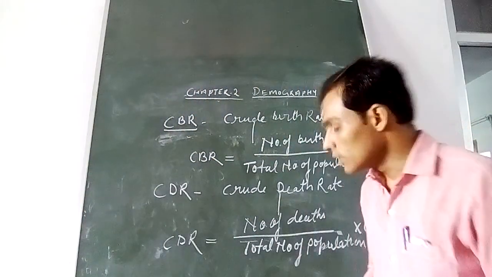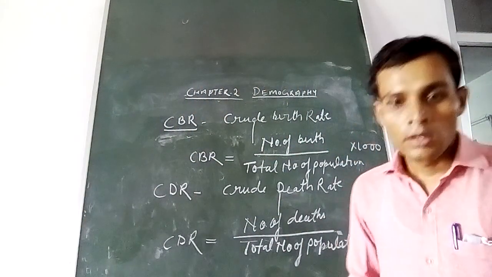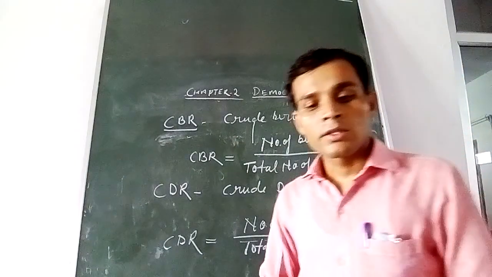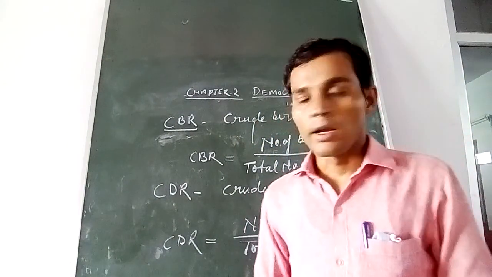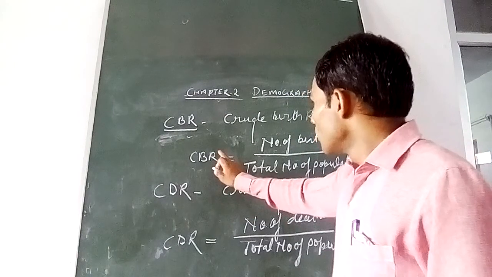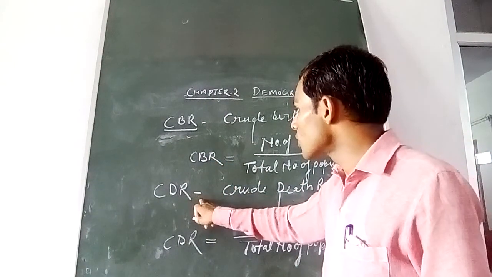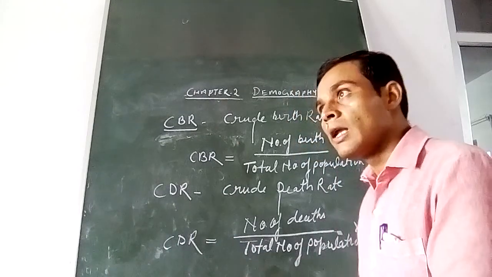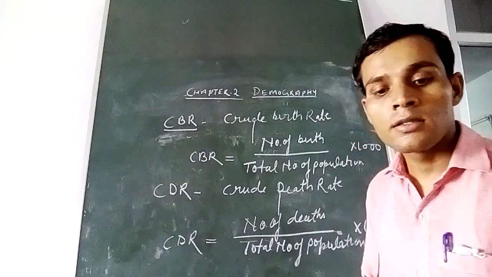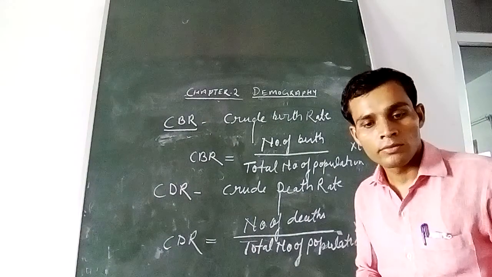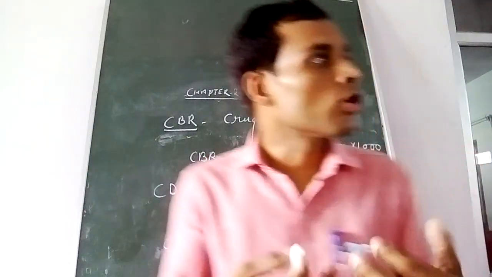So according to this, when we study the CBR and after it the CDR, and calculate the difference, it may be zero, negative or positive.